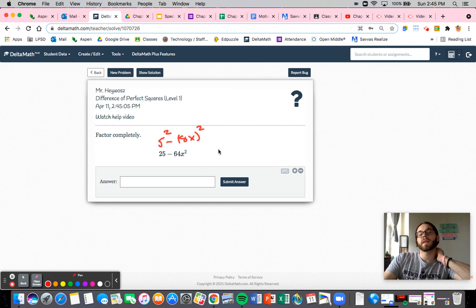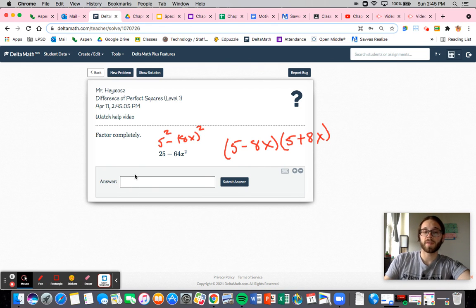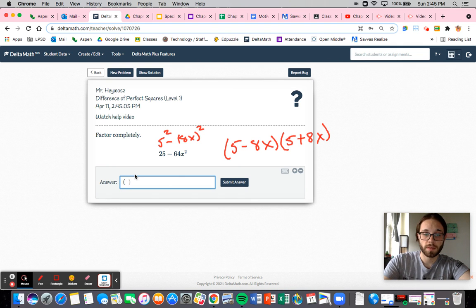So when you have something like that, you're going to have 5 minus 8x, 5 plus 8x. Same thing. No difference. Even though the order is a little bit weird, you can still do this process.